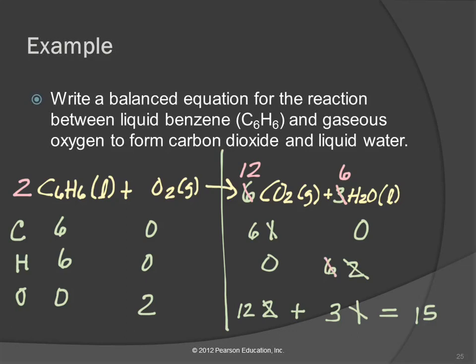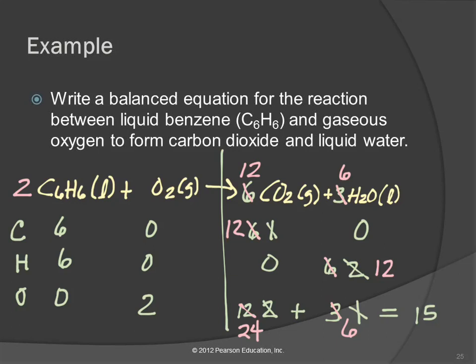So now I've got 6 of these water molecules. That gives me a total of 12 hydrogens, right? And it gives me 6 oxygens. And here I've got 12 carbons and 24 oxygens. Don't be alarmed that the numbers are getting big. It happens.